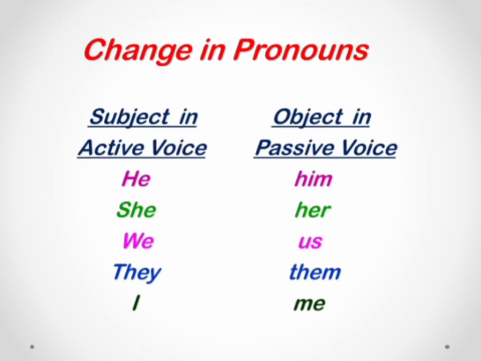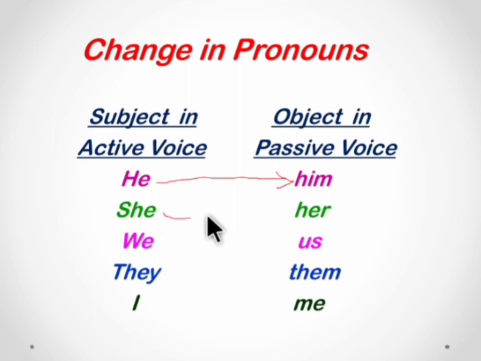Next, change in pronoun. When the subject in the active voice changes to the object in the passive voice, the pronoun will change. So if it is he in the active voice, it will become him in passive voice.